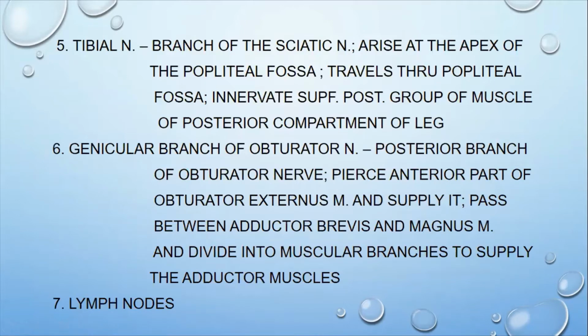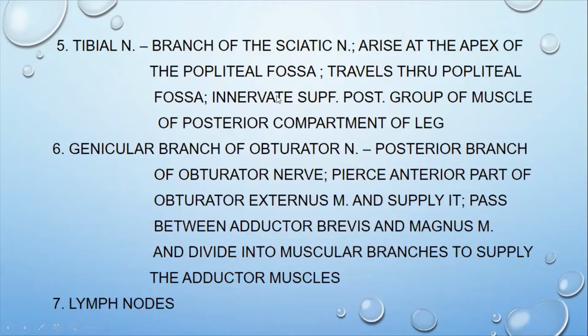Then here, another content will be your tibial nerve, which is a branch of the sciatic nerve. It arises at the apex of the popliteal fossa. So this will become a tibial nerve coming from your sciatic nerve, and it will be located at the apex of the popliteal fossa.